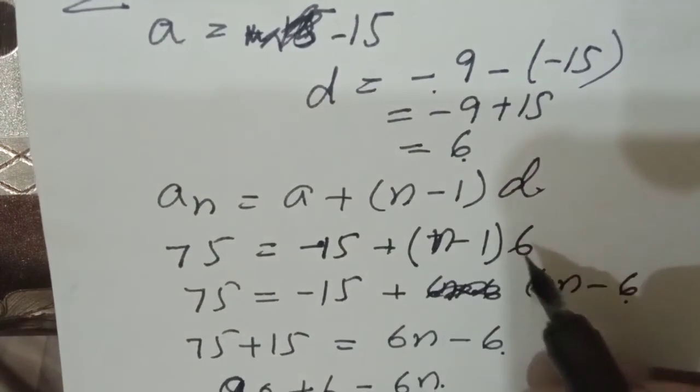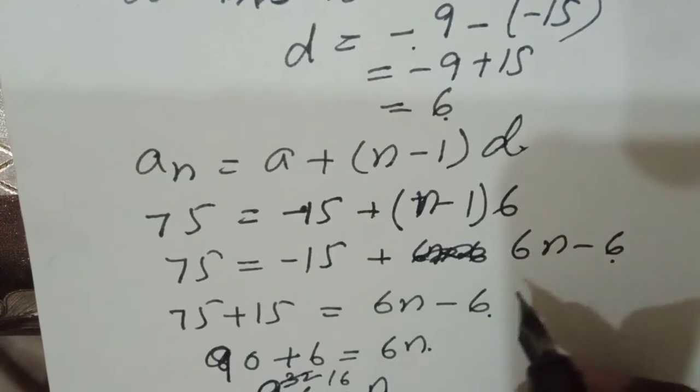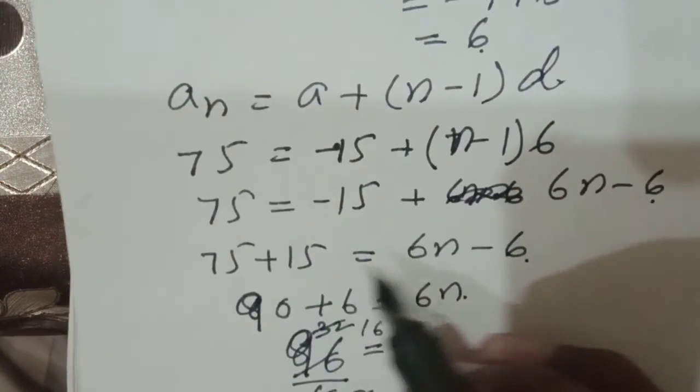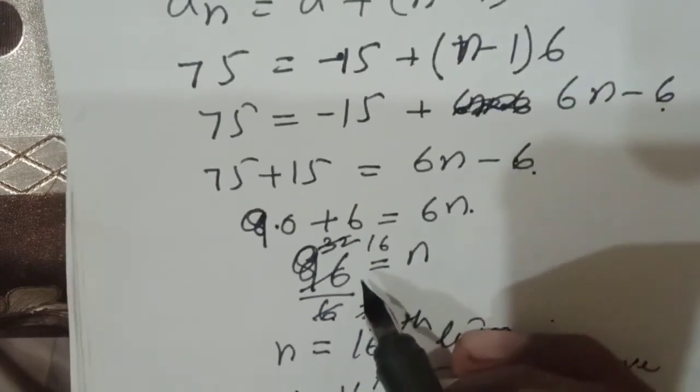So n minus 1 upon 6. Now multiplying 6, taking minus 6 and minus 15. I have transferred 15 to the first side, 75 plus 15, and that will give you 90. Now again transfer 6, plus, that will give you 96.